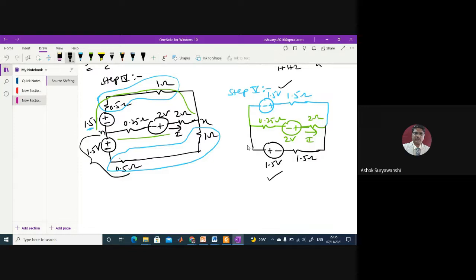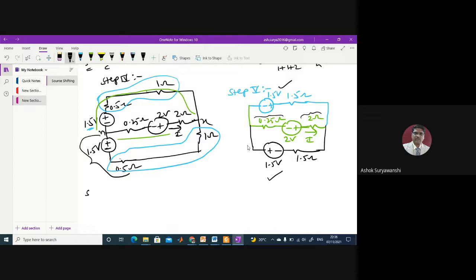One more basic thing you can see: the current through 2 ohm is I, and the same is the current through 0.25 ohm. So you can add these two resistors, no issue, because even if you add them, the total is 2.25 ohm in series with the 2 volt, and still the current flowing through that 2.25 ohm is I ampere. That basic thing one has to understand.